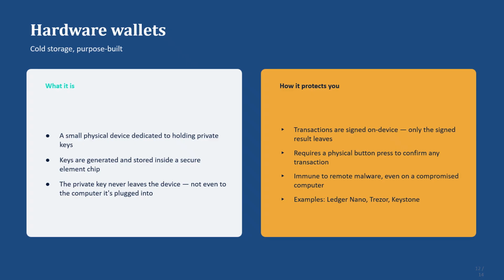When you send a transaction, the signing happens on the device itself. Only the already signed transaction goes back out. It also requires a physical button press to confirm, which makes it immune to remote malware even on a compromised computer. Ledger, Trezor, and Keystone are the common examples.